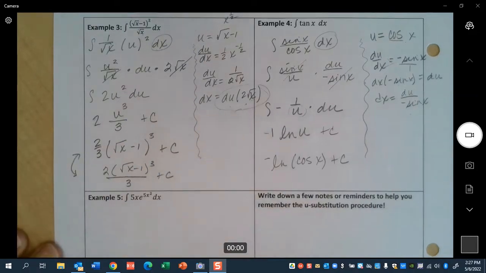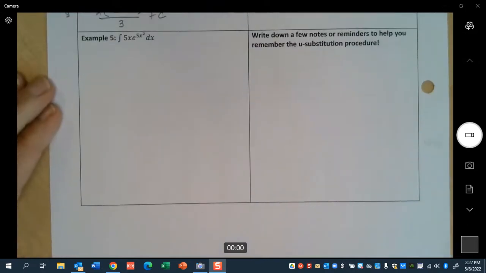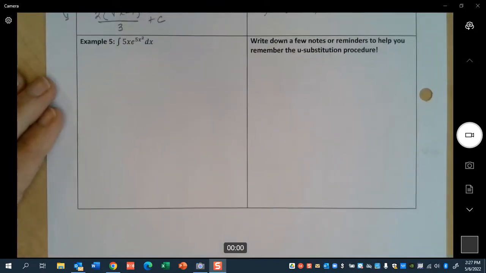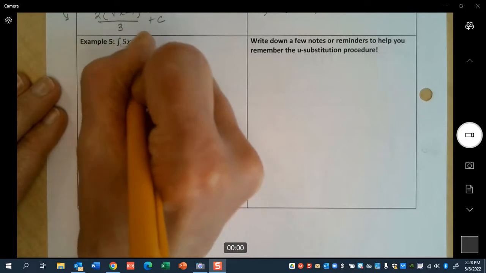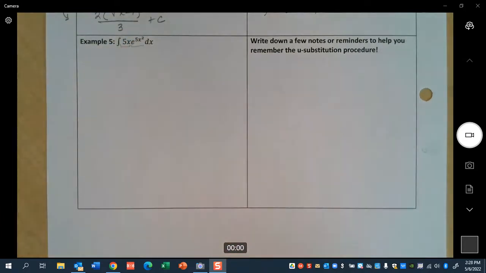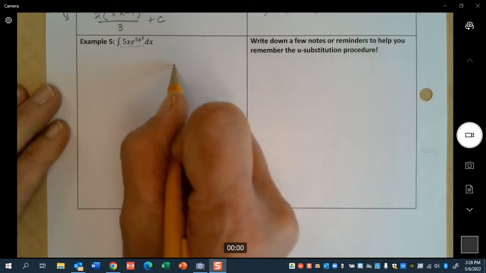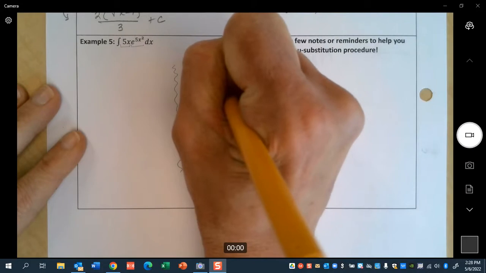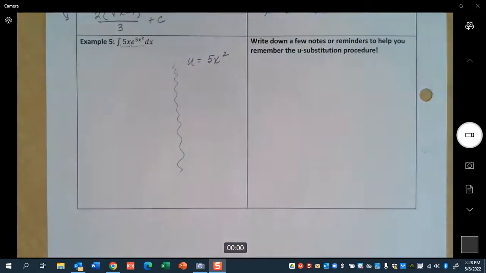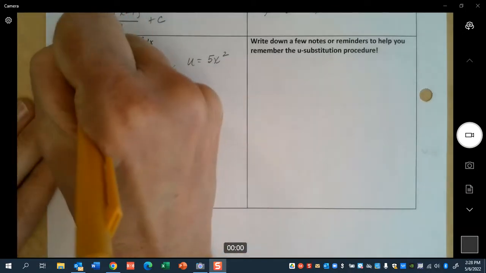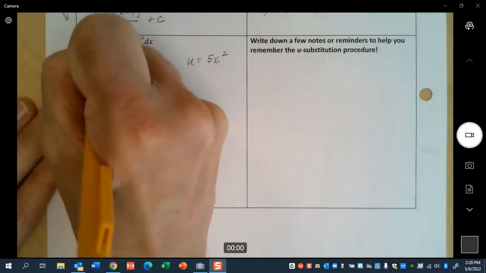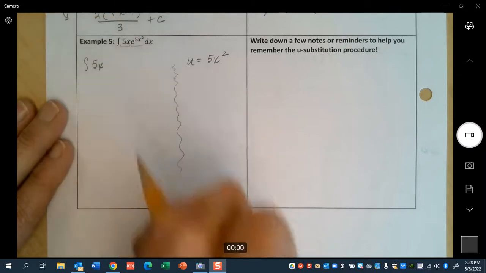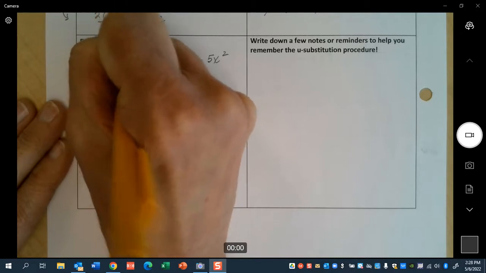All right, let's do this next one. I've got 5 times x times e to the 5x squared. What do you want u to be equal to? Let's go ahead and let u equal 5x squared. So I'm going to take the integral of 5x times e to the u.